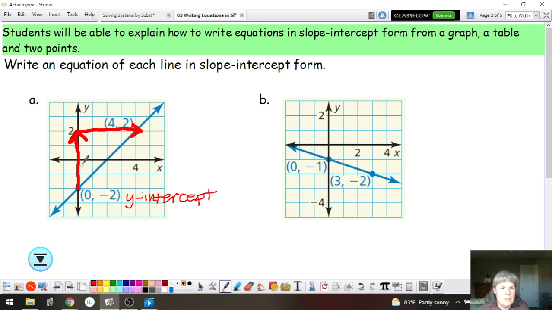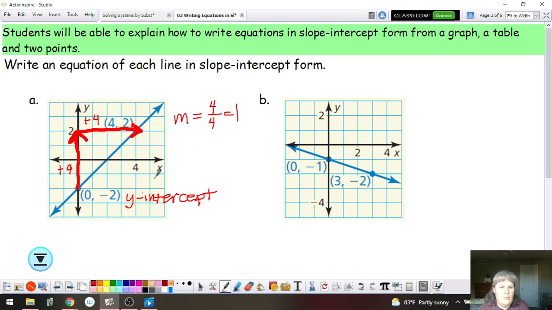I'm counting spaces because that gives me a more accurate count. Plus 4, plus 4. So my slope is 4 over 4, which simplifies to 1.